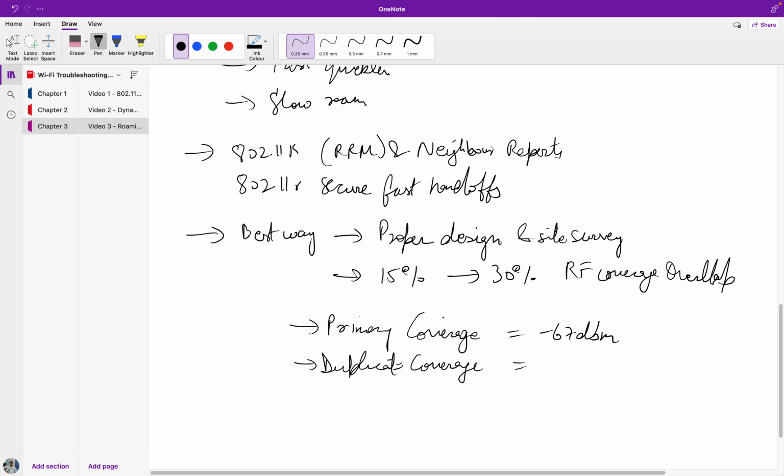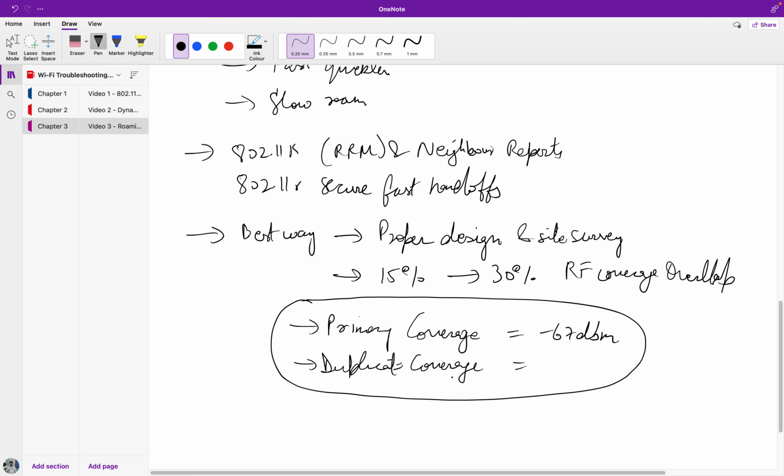That's pretty much what I want to do to make sure my roaming happens, along with enough overlap of the RF coverage cell. The value I have chosen depends on the network. If I'm deploying a data network, then this is good.